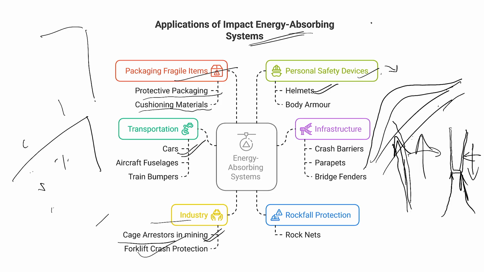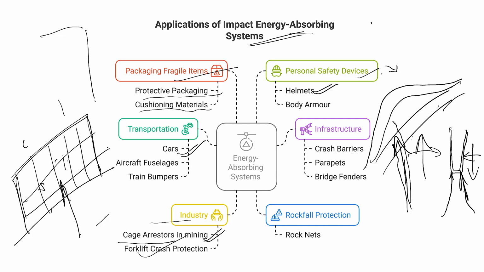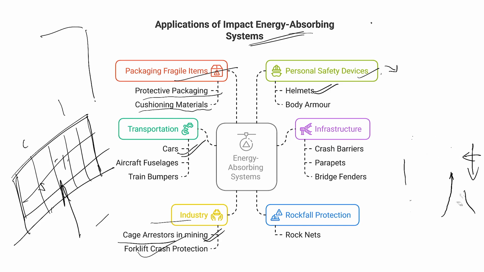In case of roads in the high altitude region, sometimes a large parapet will be designed to protect the vehicles from falling off the cliff, or absorbing the impact energy. Similarly, bridge fenders will be there. So, these are the different types of energy absorption systems that are employed in the transportation field.